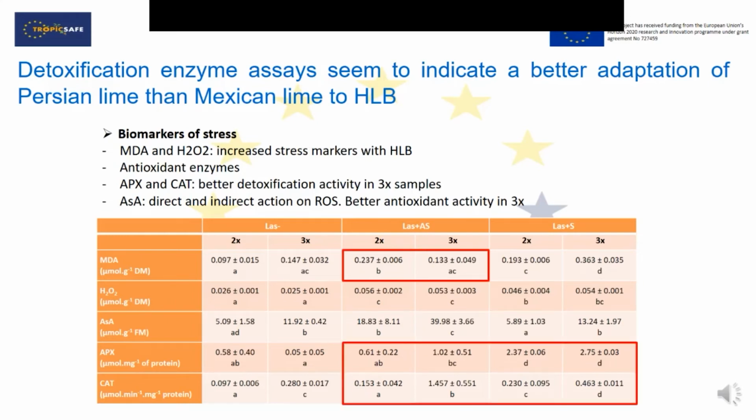Also for APX and CAT, the reaction of the triploid is higher, the values are bigger, meaning that the detoxification processes are more induced in the triploid. This fits with the results we have. And also for ASA, which is also involved in the antioxidant activity.